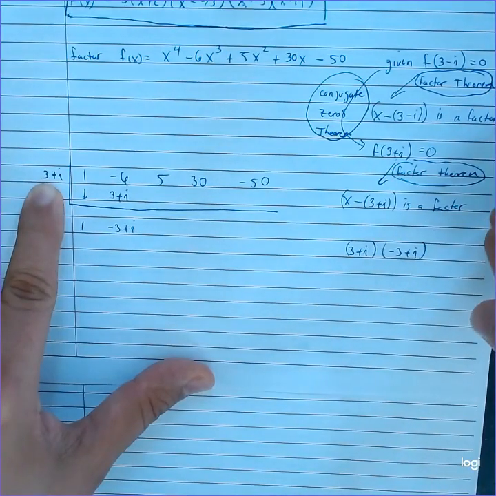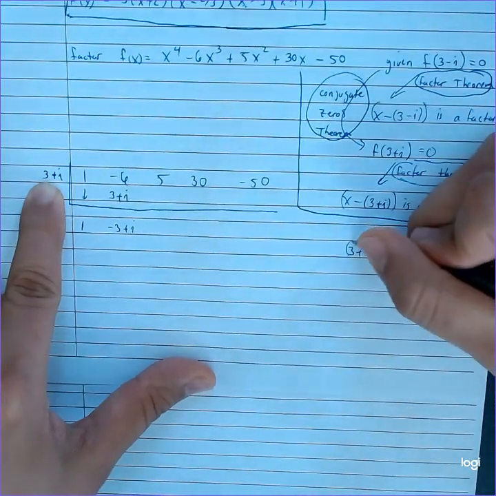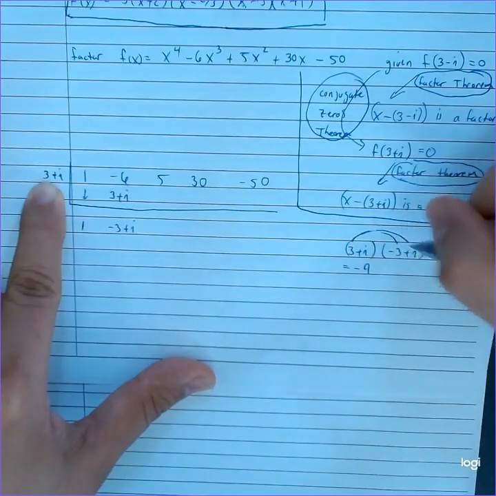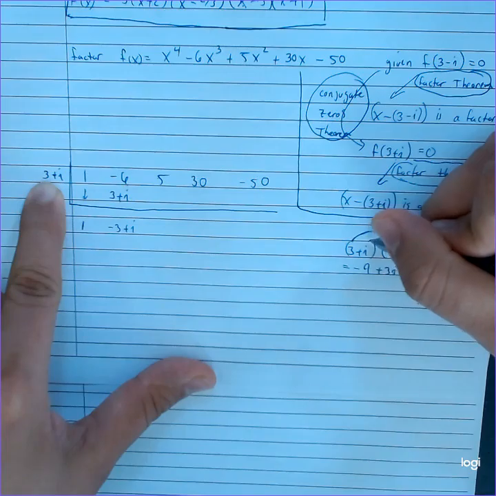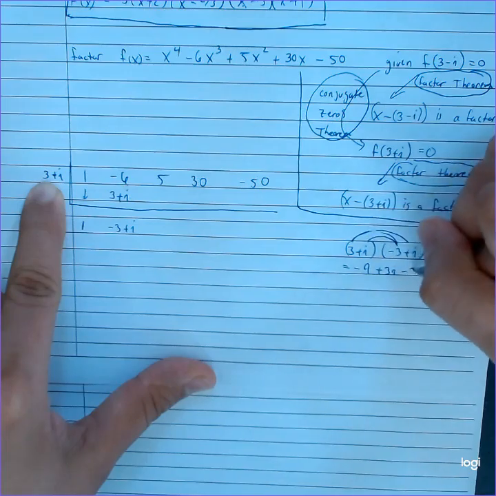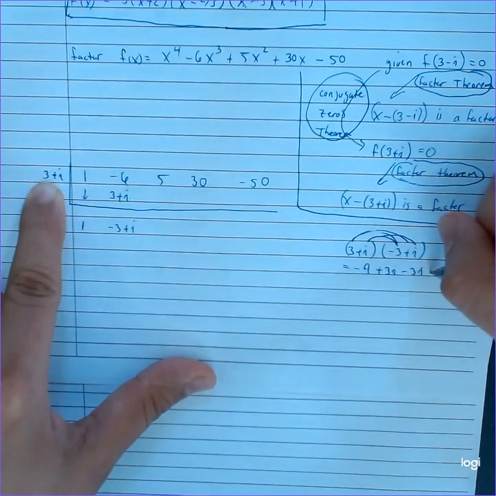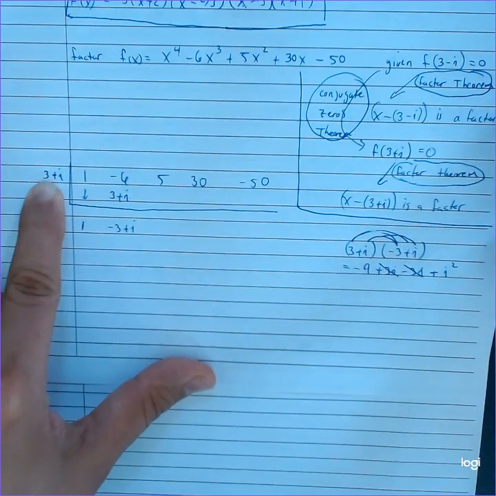And when I multiply complex numbers, I do that by distributing. So 3 times negative 3 is negative 9. 3 times i is 3i. Negative 3 times i is negative 3i. And i times i is i squared, like that. Here I notice 3i minus 3i is 0, so that's gone.